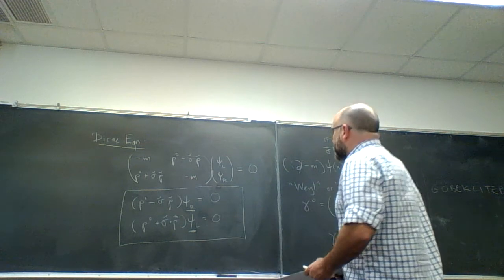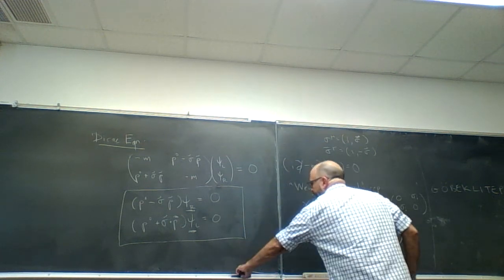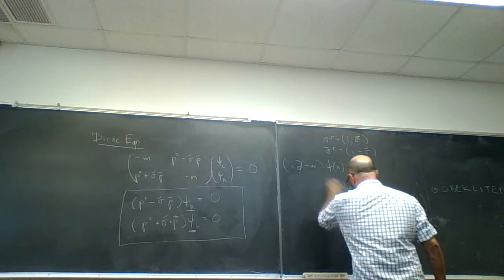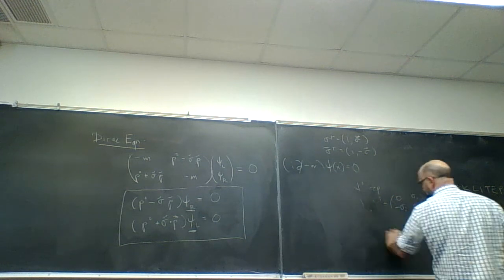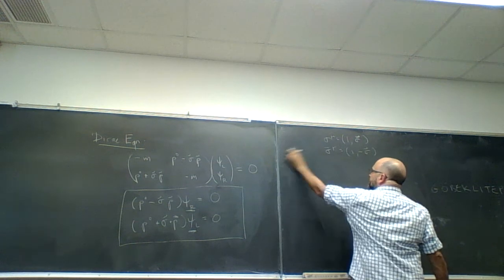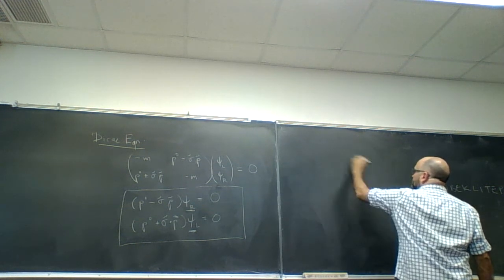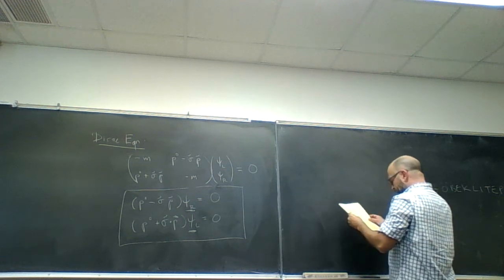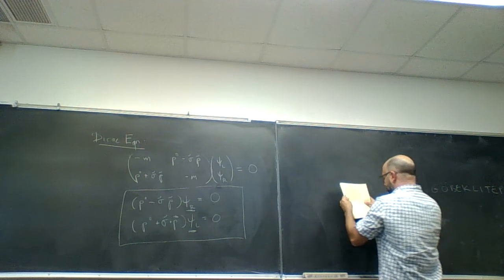We said that the reason these are called psi L and psi R, L for left and R for right, is just a convention, but it's how they transform under what we call the chirality operator.